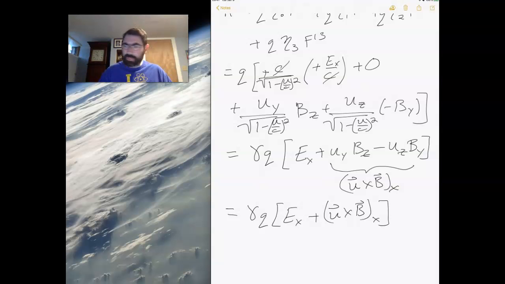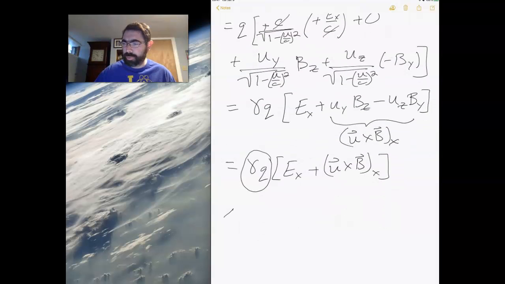If I look at this, I could call it my relativistic correction to the charge. And in the end, what we have is something which looks like a Lorentz force. So μ equal to 2 gives us the y component, and μ equal to 3 gives us the z component.